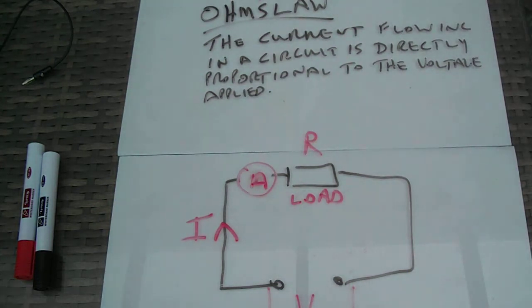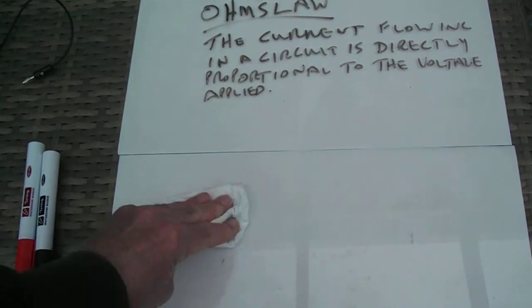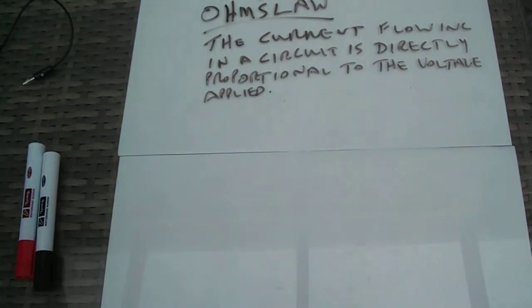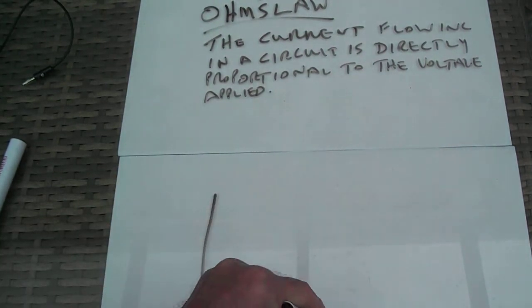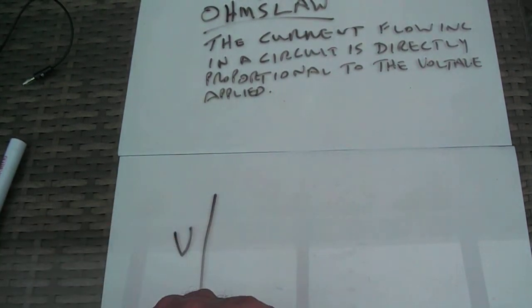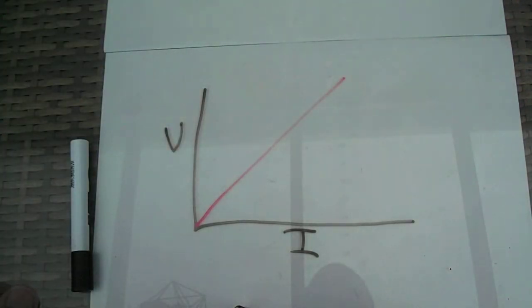Now we can plot a graph of that. I'm not actually going to plot it with points, but what I will do is just show you the graph. So we have voltage up this side and current along this side. The result will be what we call a straight line or a linear graph.